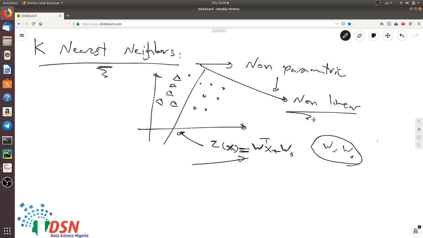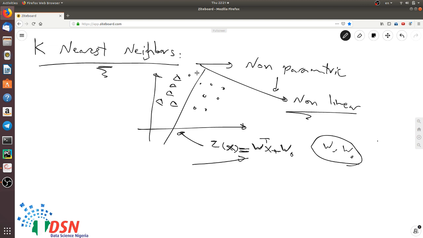An alternative to parametric models are non-parametric models. Thus we generally have two categories of classifiers. The first one is parametric models, and the second one is non-parametric models. What we learned about SVM, logistic regression, and so on are parametric models because they have some parameters.